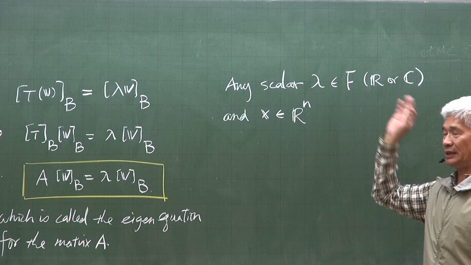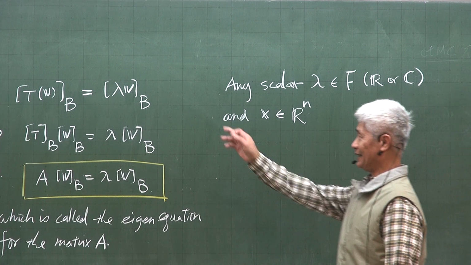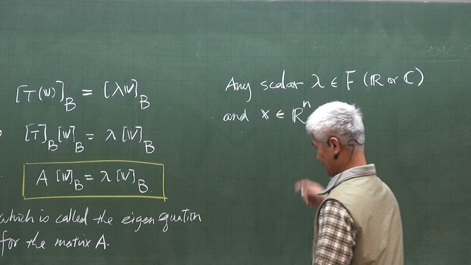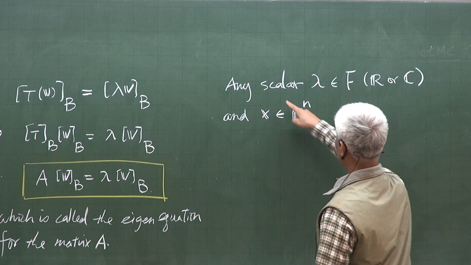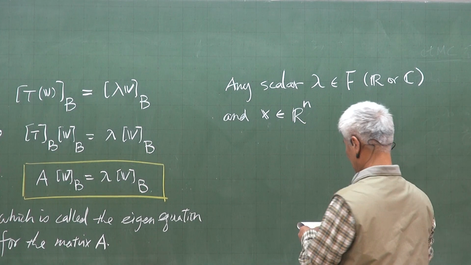This x here is different from x there. So x here I will denote as a column vector.